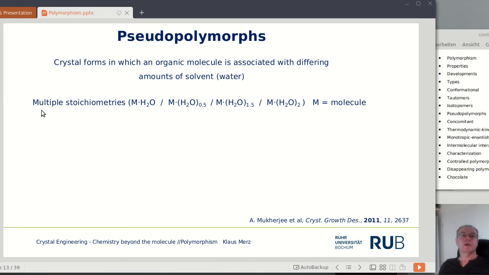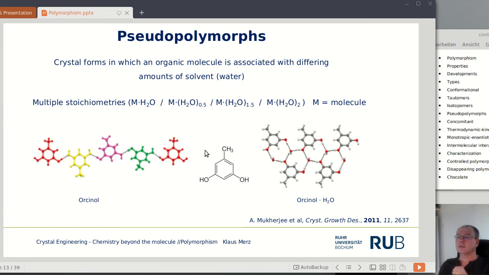Depending on the structure, depending on the molecule, you will get different amounts of water in the crystals: semi-hydrate, and so on. This is one example, orchinol. This is the pure substance, I would say. There is no solvent inside.